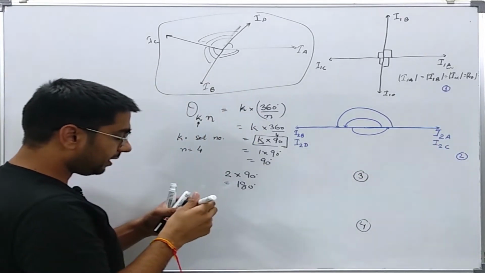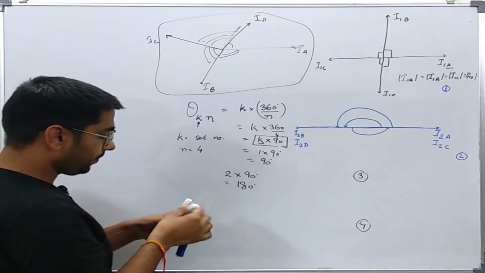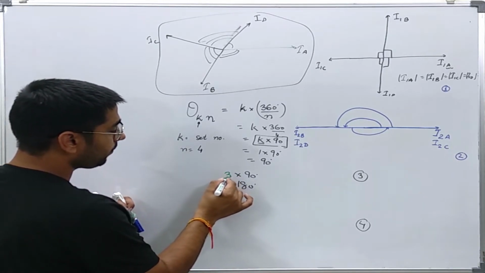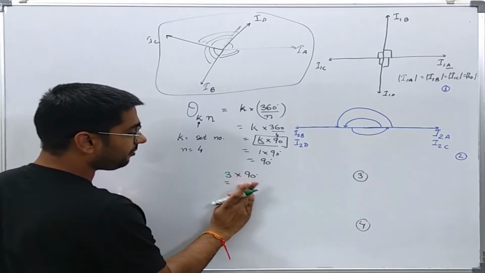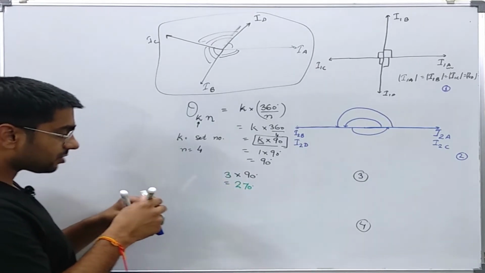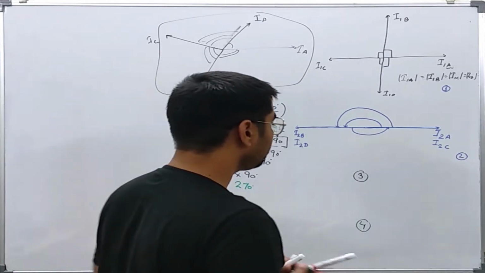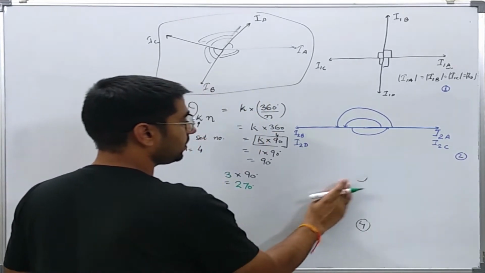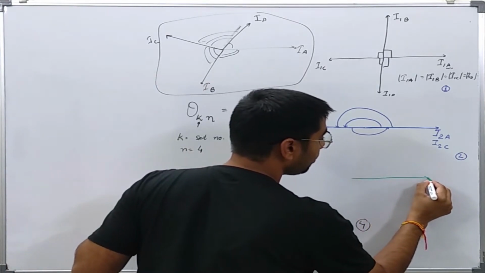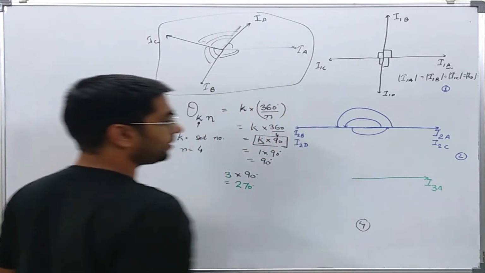Now let us come to the third set. Now for the set number 3, K will be 3. So the angular difference will be 270 degree between the phasors. Now let us draw the phasors of the third set. Let us say this is the phasor for the phase A in the third set.